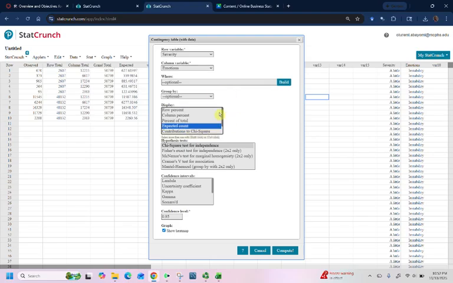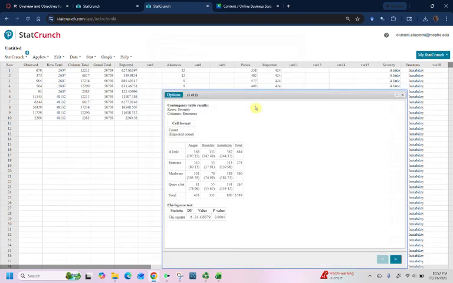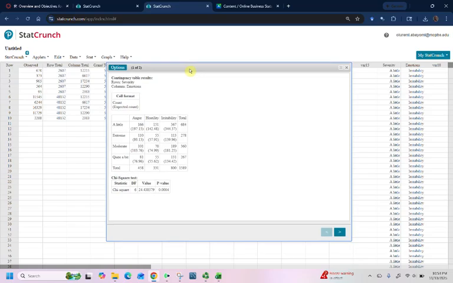That is really nice. What we like to do is a chi-square test of independence. So I have expected count, chi-square test of independence, and the 95% confidence level, which means you have 0.05 level of significance. Click on compute, and we have it done quick.